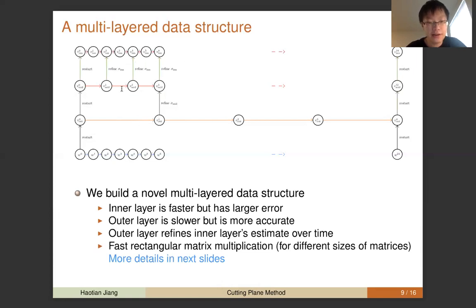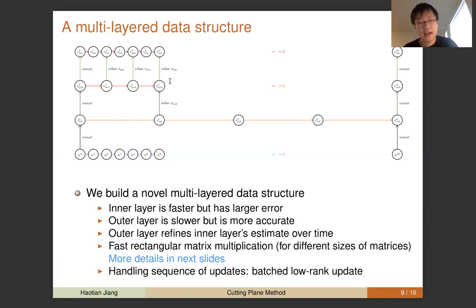Interestingly, these 3 layers use fast rectangular matrix multiplication for different sizes of matrices. We'll see a little bit more detail in the next slide. And this layered structure introduces one more technical hurdle: while the inner layer sees every update of W, both the middle and outer layer only make 1 step after a certain number of updates on W. So in fact, they see a sequence of W updates.